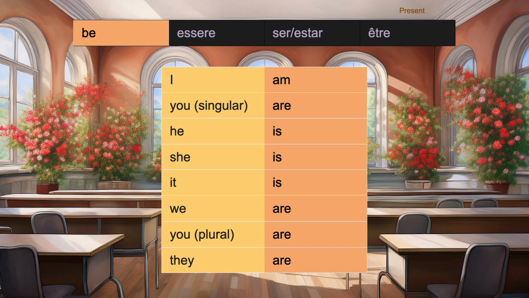It is. We are. You are. They are. Okay, good job. Now let's see how these words are put together to form contractions.